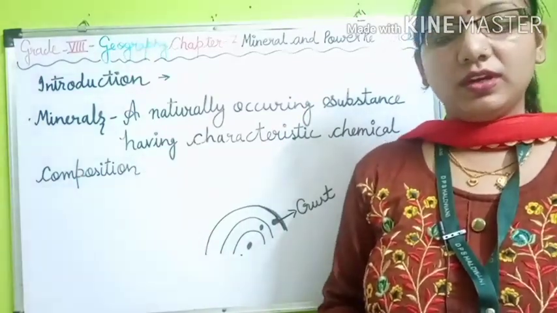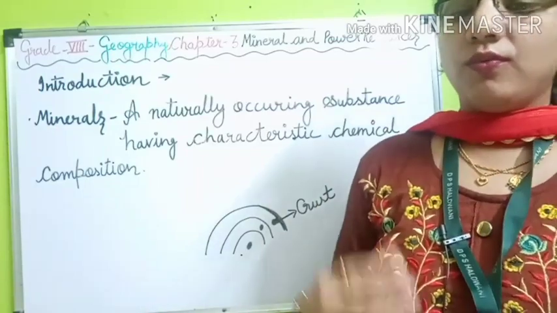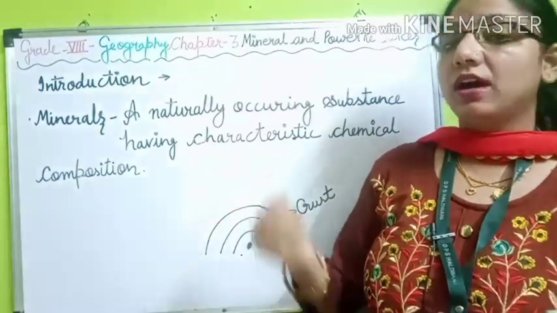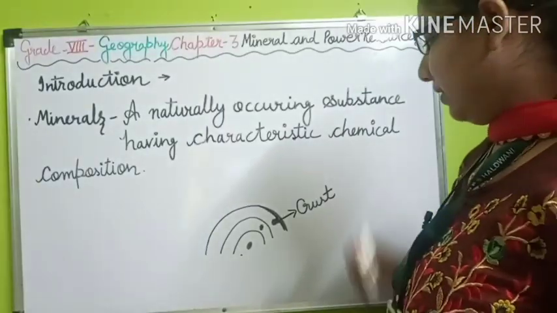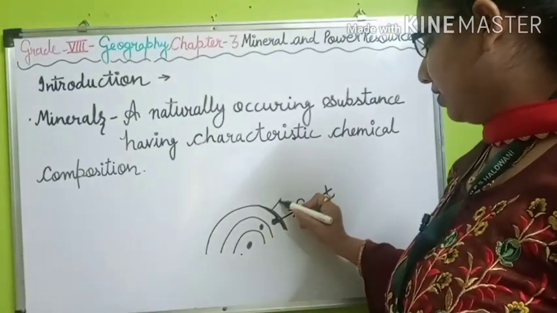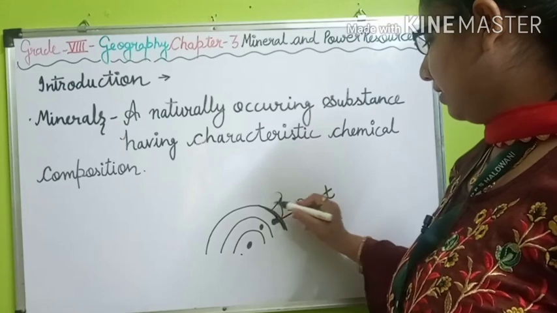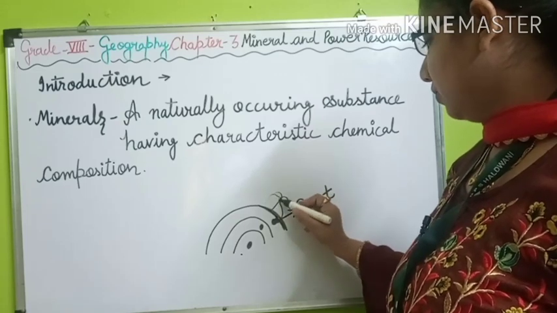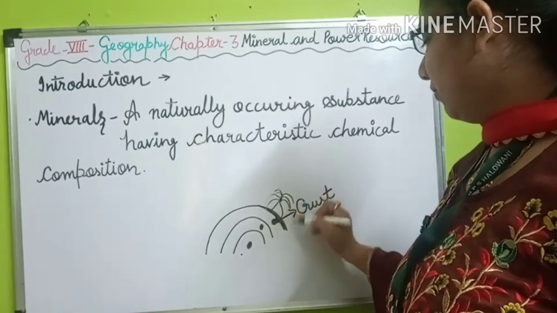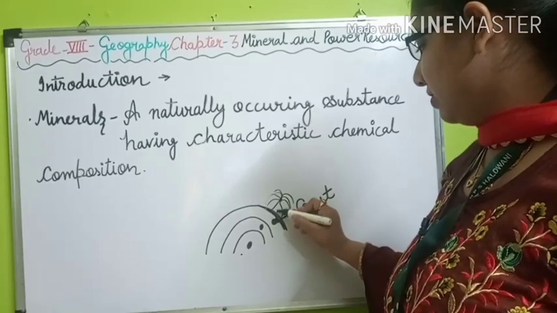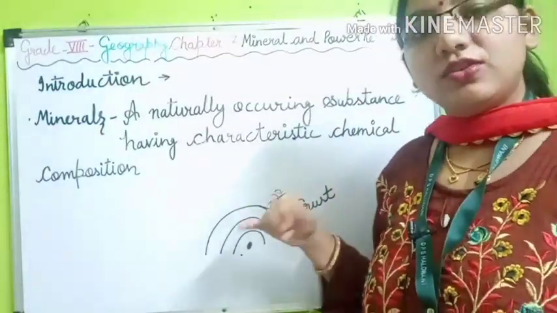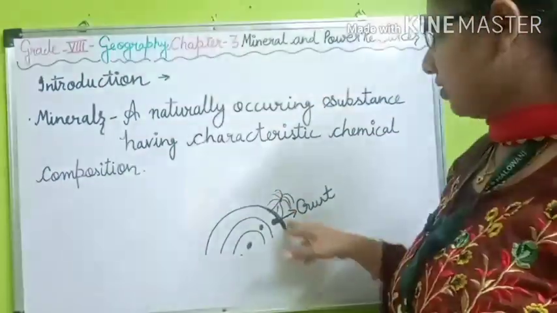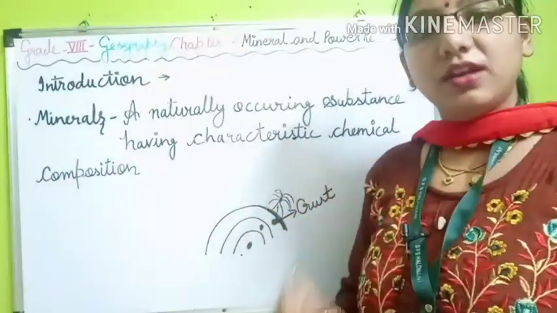Okay, the formation of minerals is purely a natural process. When the volcano is erupting, no man-made force is there. It is a natural force, and the formation of minerals is a natural process.